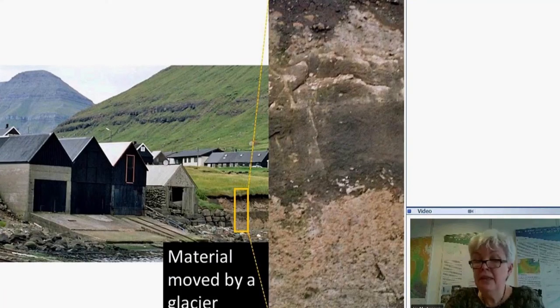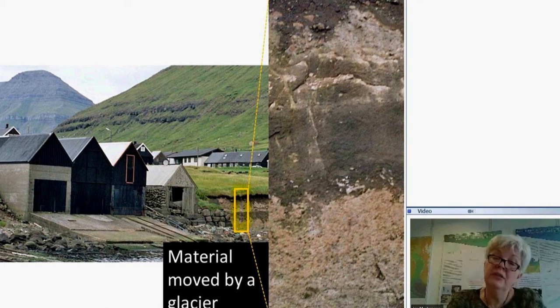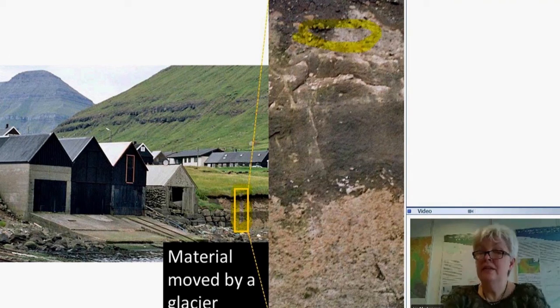In many places we can see material moved by a glacier. In this case we can see this earth next to these boathouses, and we can see how the upper part is material moved during the last ice age, the Glacial ice age.